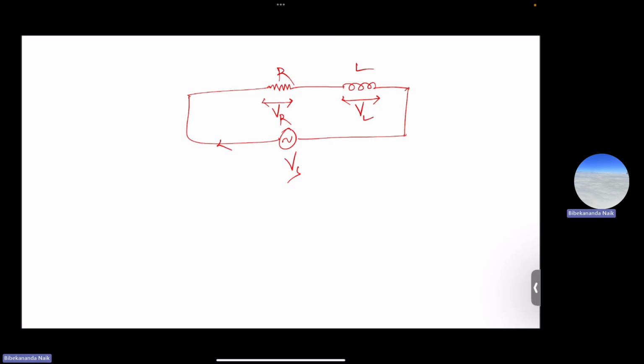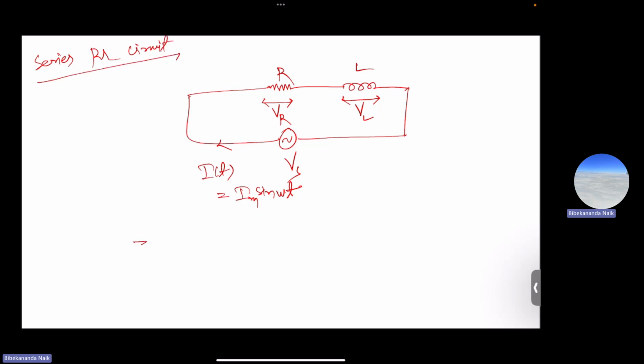Due to the applied voltage, the current flowing will be time dependent. So I(t) equals Im sin omega t. If we want to determine the values of the voltage dropping across the components, this is the series RL circuit.